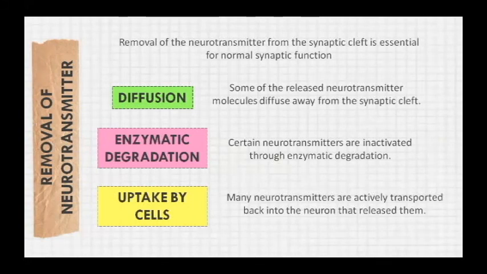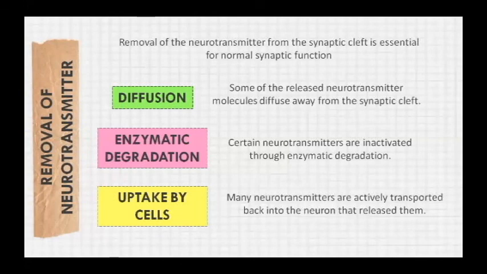So after sending the nerve impulses or electrical signals, it diffuses away. The second type is the enzymatic degradation, meaning certain neurotransmitters are inactivated through enzymatic degradation. So there are enzymes that are produced to inactivate this neurotransmitter and to be removed in the synaptic cleft.